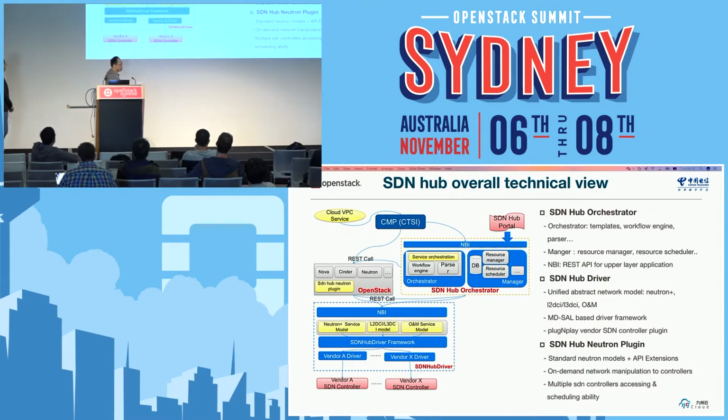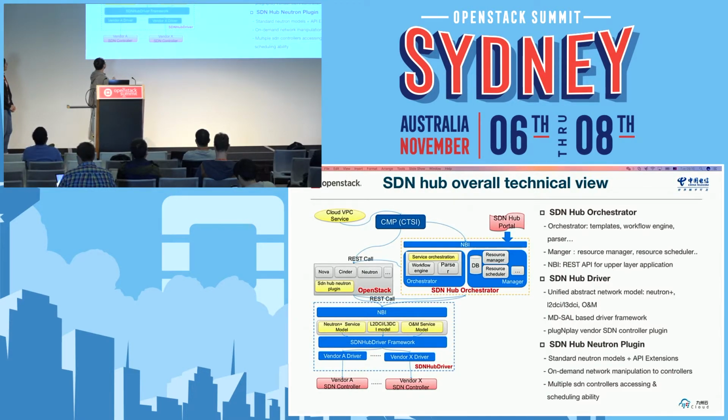The service orchestration layer will allow the CMP to compose the telecom services. And then we will have a workflow to run the service composition. To execute it, we will have a resource manager to schedule the resource demands into the bottom OpenStack.